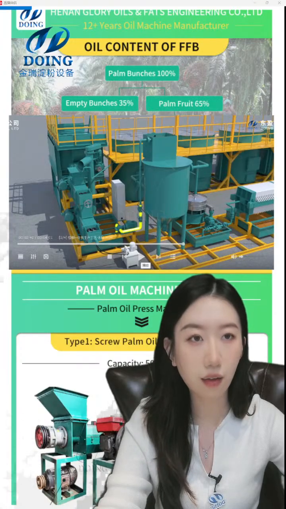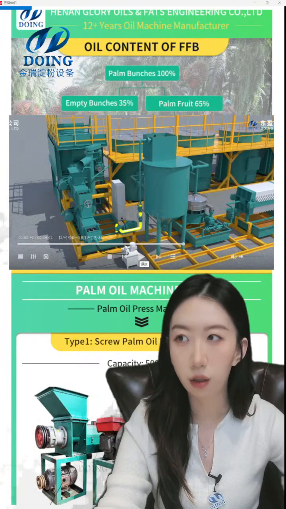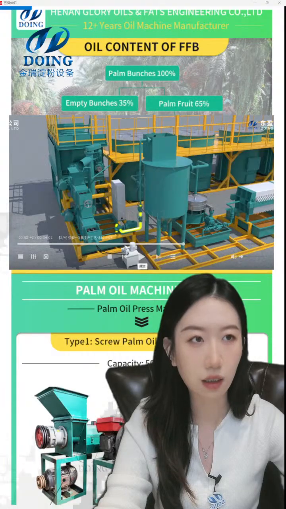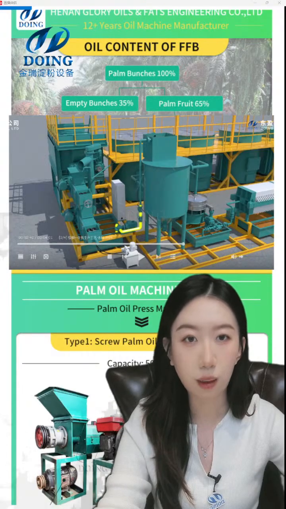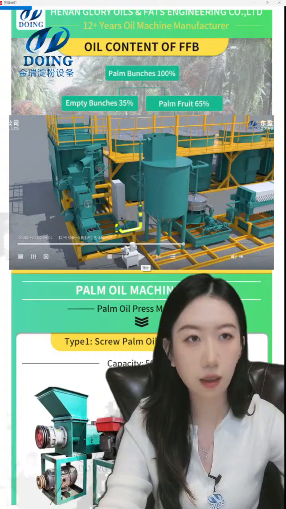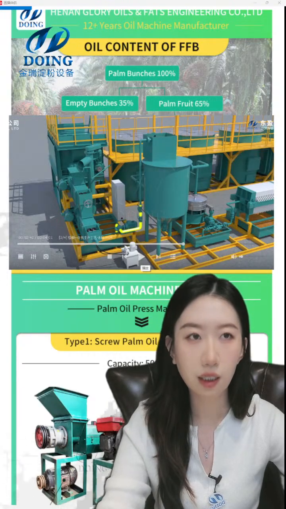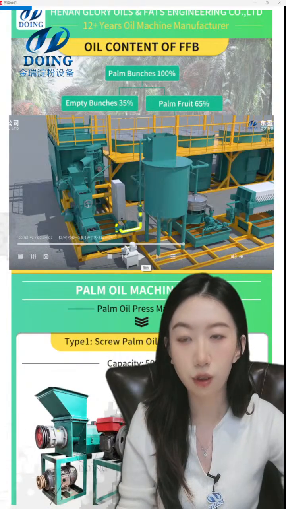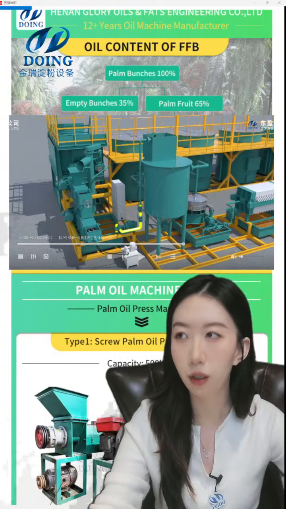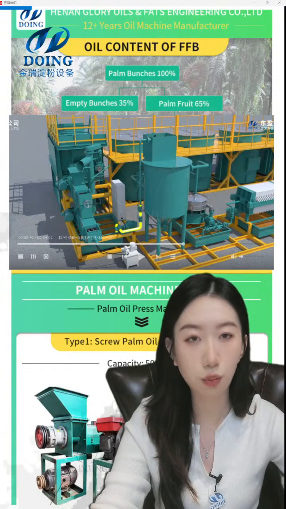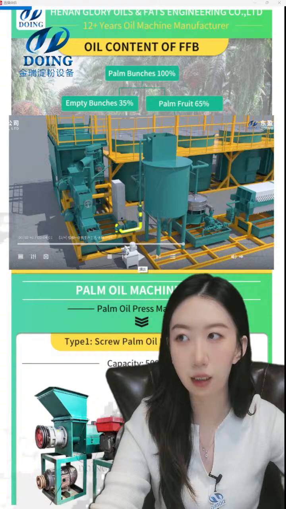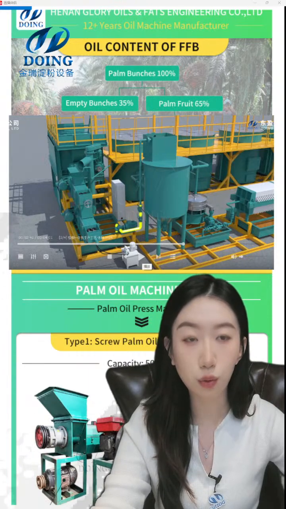We also have another palm oil presser. It is a single screw palm oil presser, but it needs the worker to control, and its capacity is just 300 kilograms per hour to 500 kilograms per hour. With the double screw palm oil presser, capacity is more than 1 to 2 tons per hour.